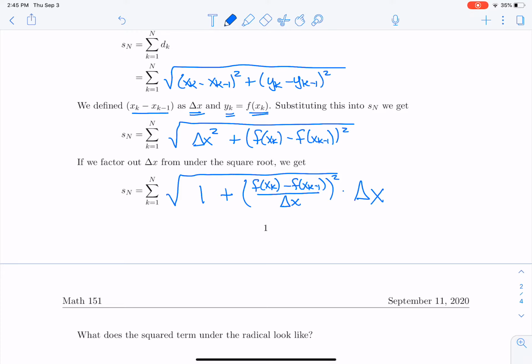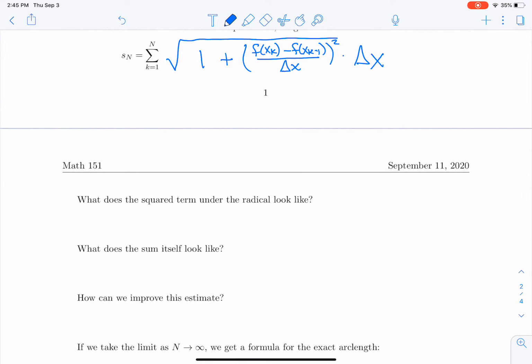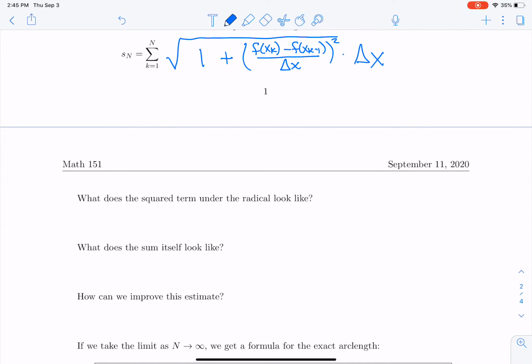So a good question to ask is what does the squared term under the radical look like here? I see f of x at one point minus f of x_{k-1} over delta x.